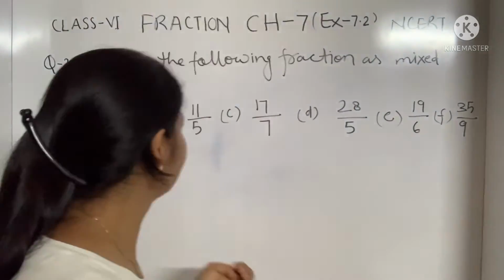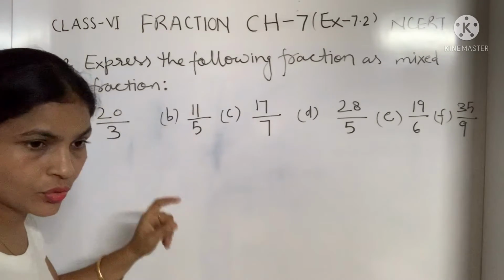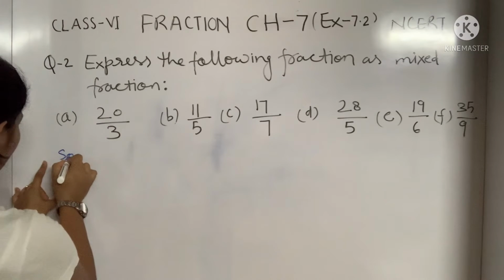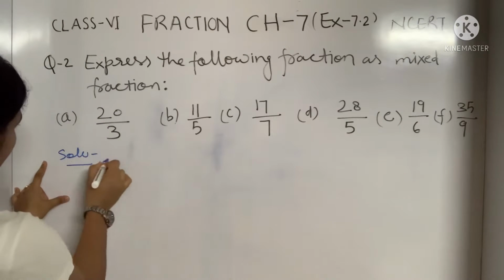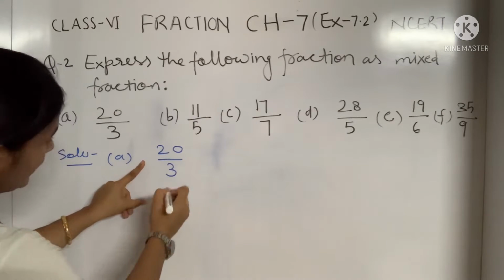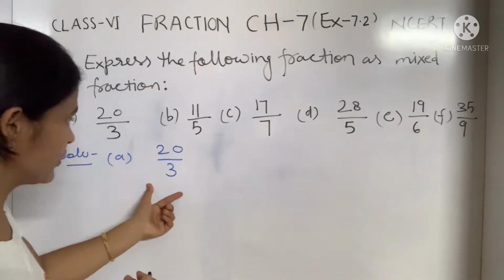Let's see. In part A, we have 20 divided by 3. So we have to solve this problem. Solution of part A: 20 divided by 3. This is a simple fraction. We have to convert it into a mixed fraction.